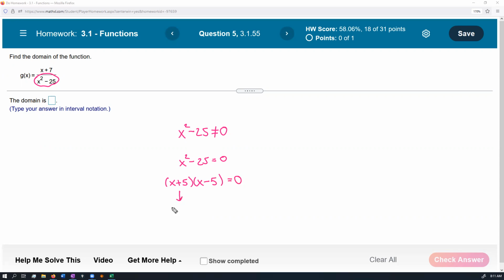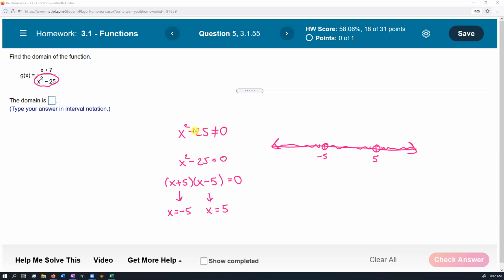And then I can set each of those equal to 0 and I get 2 answers, 5 and -5. These are the 2 places I do not want to include in my answer. So on a number line, that means I don't want -5, I don't want 5, but I want everything to the left, everything in between, and everything to the right.